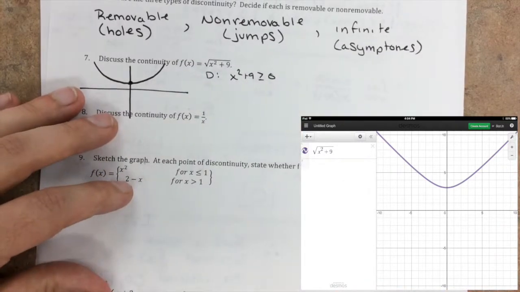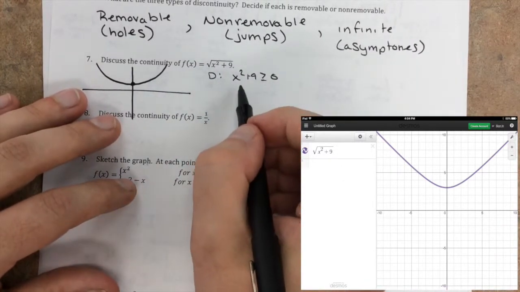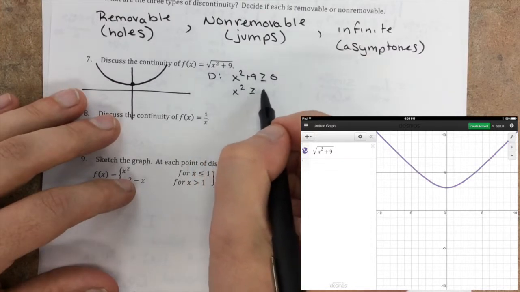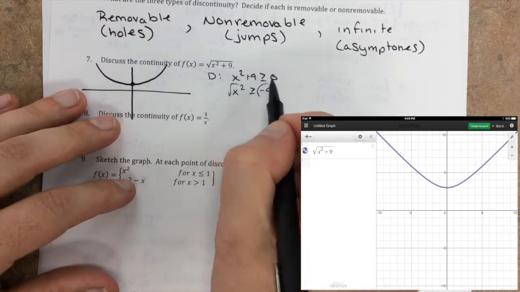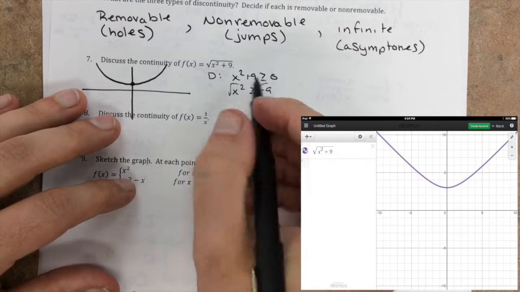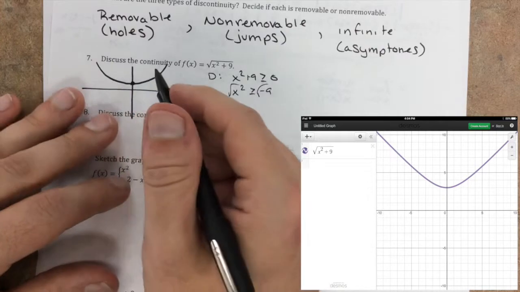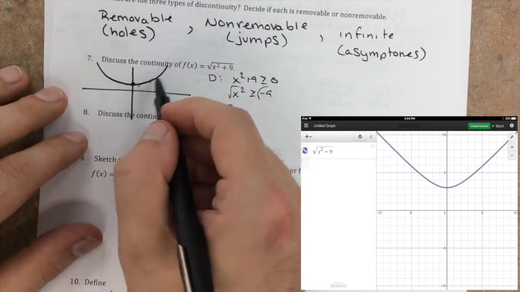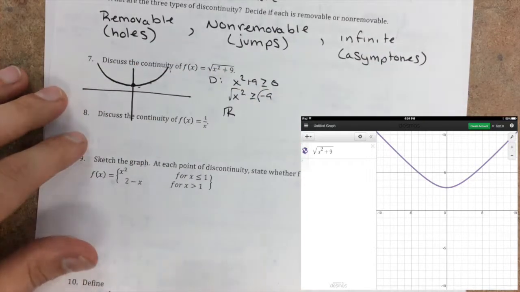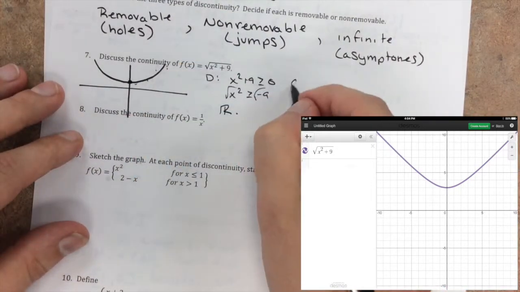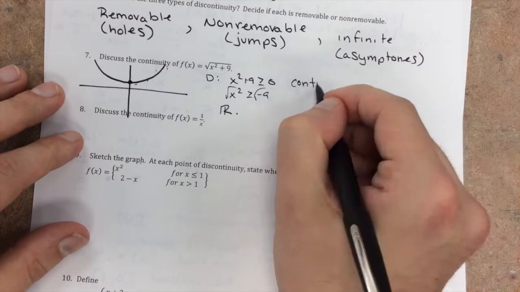Because we don't want any negatives underneath the square root. So if you subtract 9 and took the square root, we're not taking the square root of a negative number, which means the domain here is all reals. Because the domain's all reals, there's no spot where it can't be defined. Therefore, this is a continuous function.